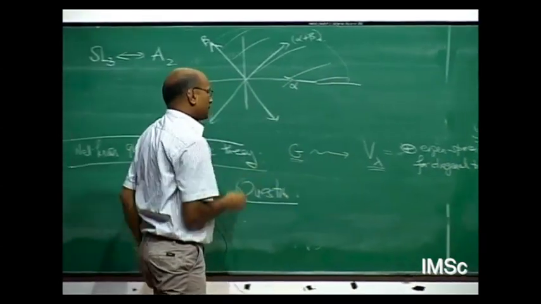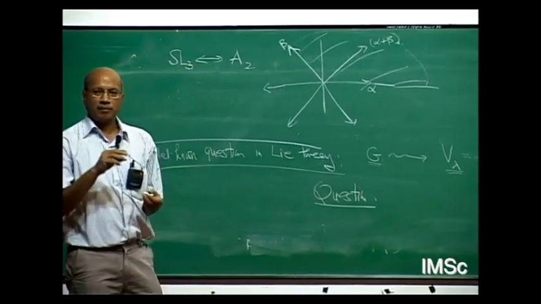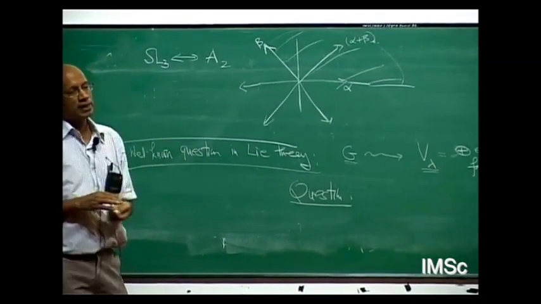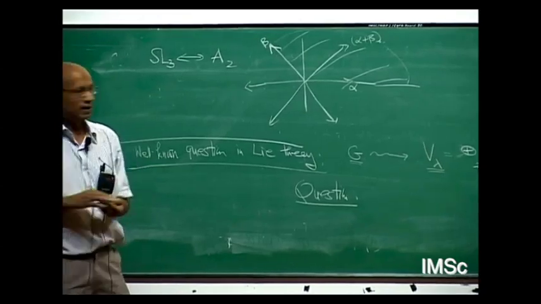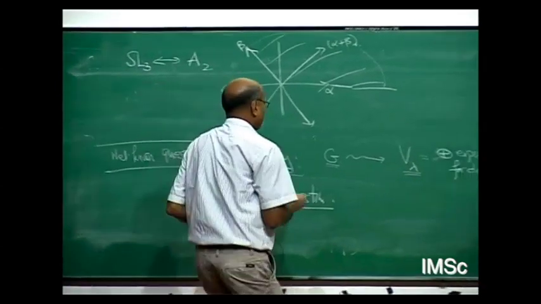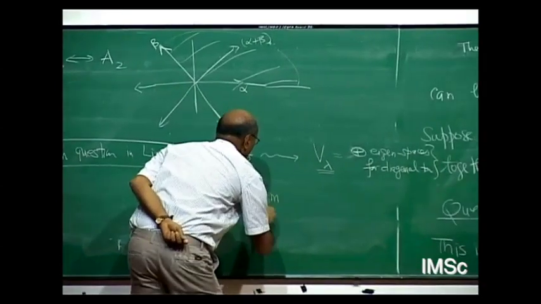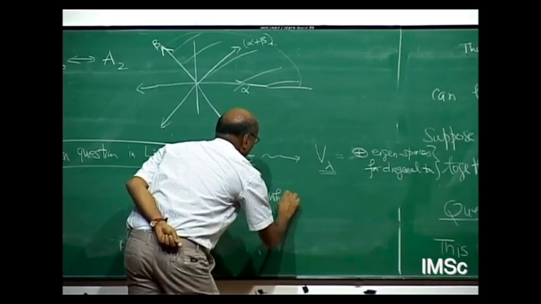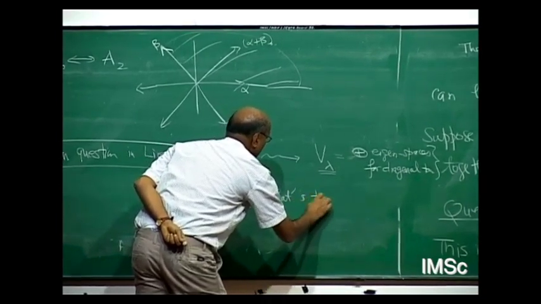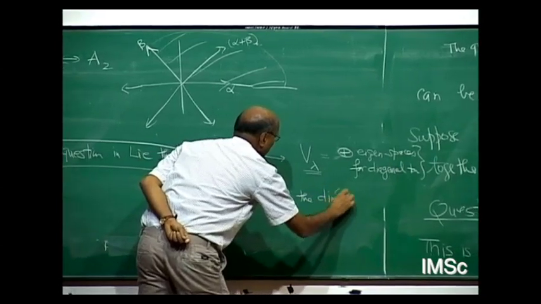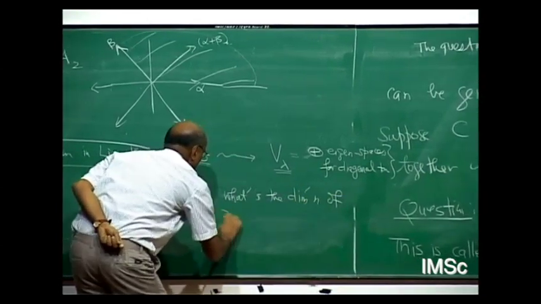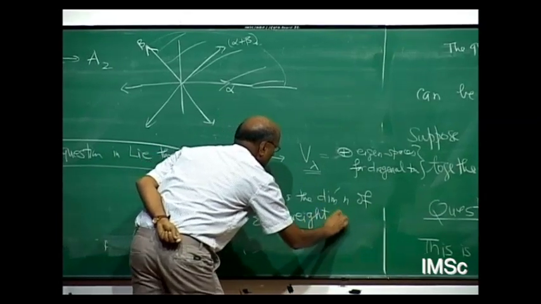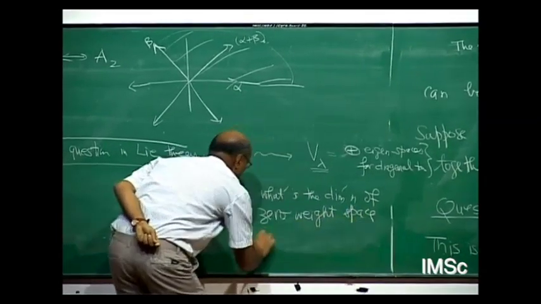And among the eigenspaces, there is a more distinguished eigenspace, the eigenspace on which the torus operates trivially, called the zero-weight space. And the question that I have been interested in is what is the dimension of the zero-weight space as a function of lambda.